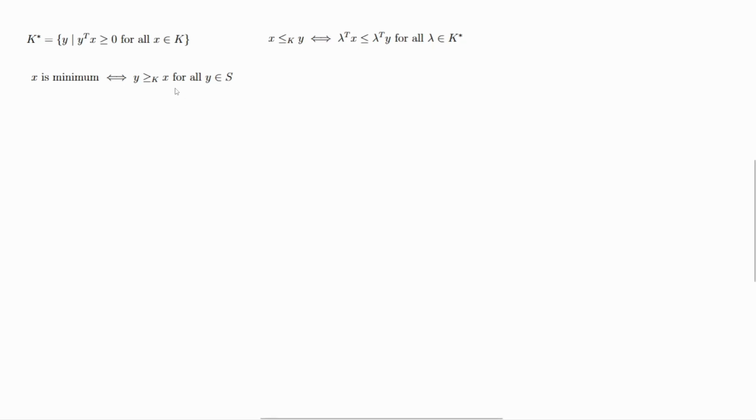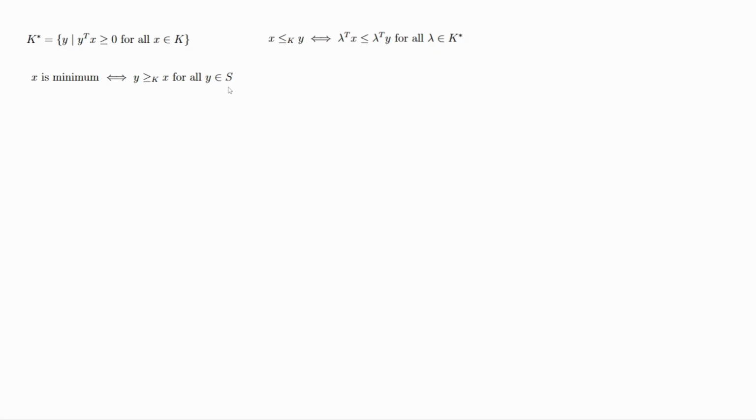Well, that means, given the implicit assumption that y is actually comparable to x for all y in S, that x is less than all elements in S, but also that all elements in S are comparable to x as well.